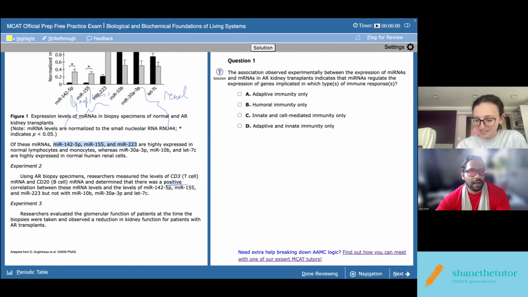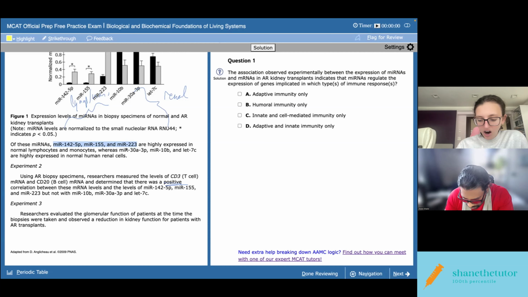Got it. So positive correlation is basically telling us it's a direct proportionality. So I would write it as proportionality, which is what I like to do all the time anyway.